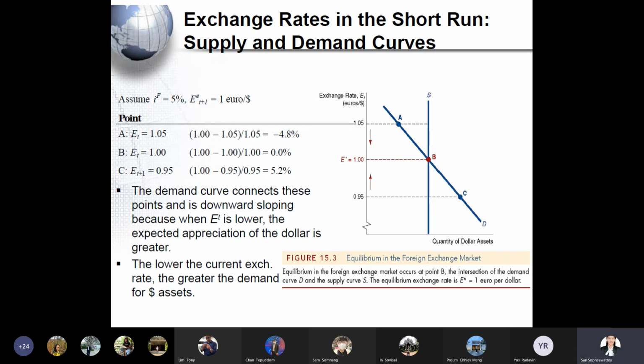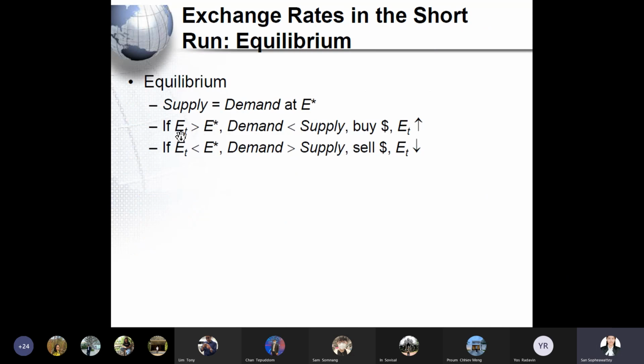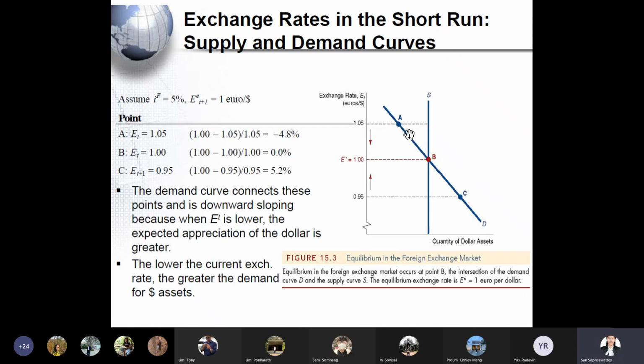So, for example, suppose E2 is greater than E star at point A. At point A, we see that E2 is higher than the equilibrium exchange rate E star. In this case, you can see the quantity of dollar assets supplied is greater than the quantity demanded, or we call it excess supply.